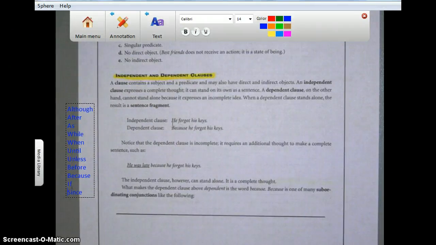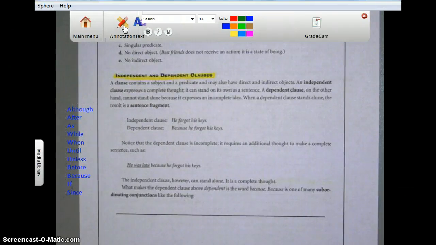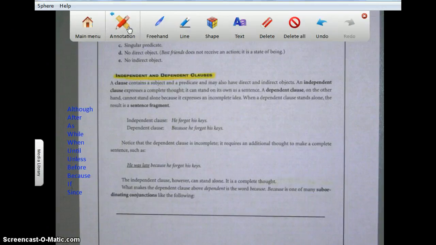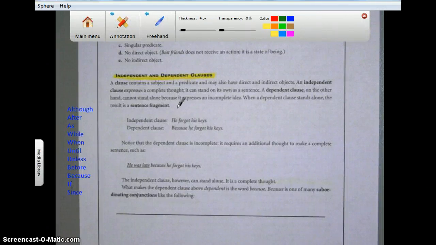So obviously, we have our dependent clause here. It talks about he forgot his keys. We've got our subject, he, and forgot. What did he do? He forgot. What did he forget? His keys. Subject, verb, object. And then we have our conjunction, because. He, what did he do? He forgot. His keys is what he forgot.